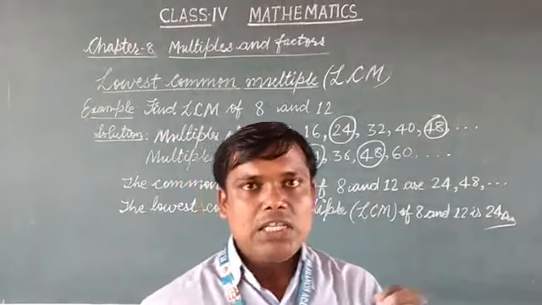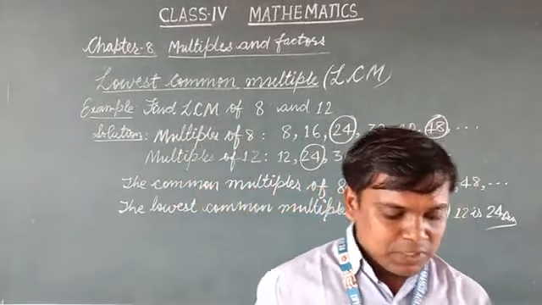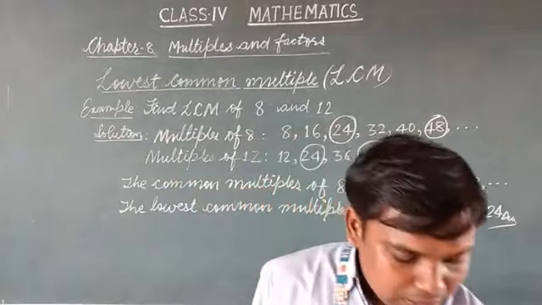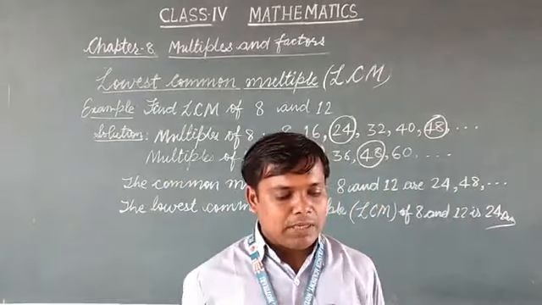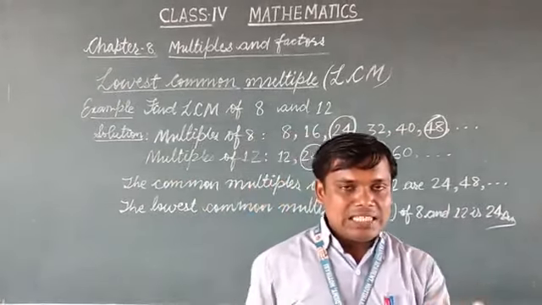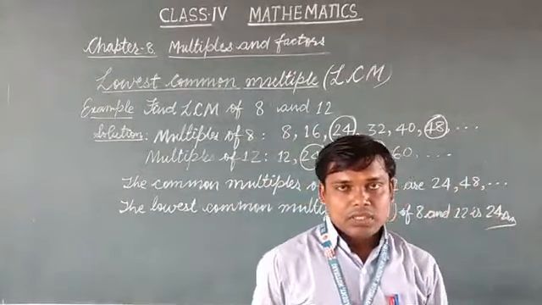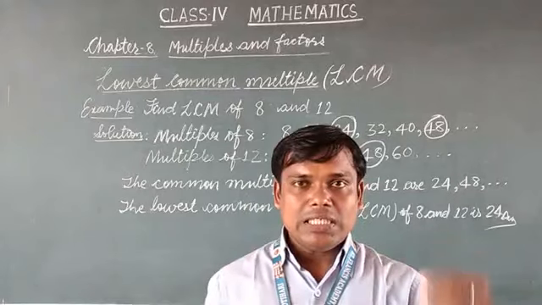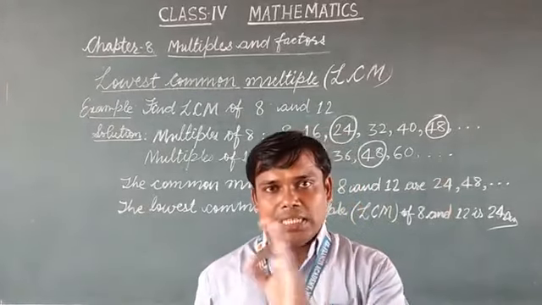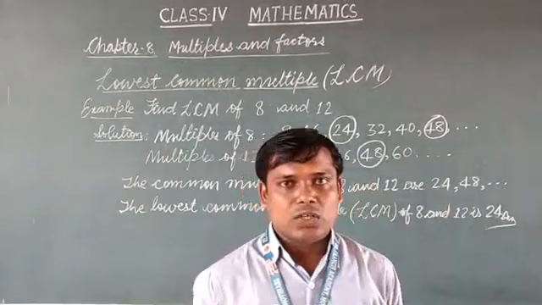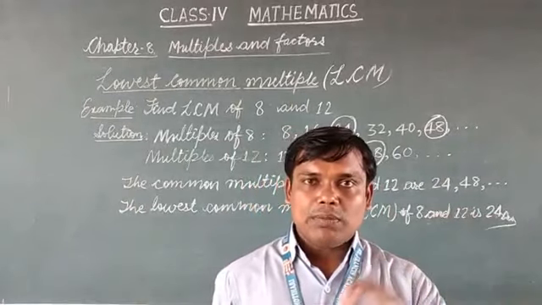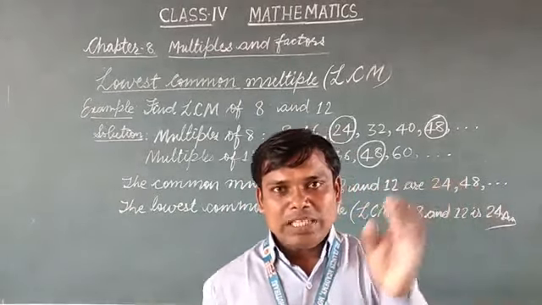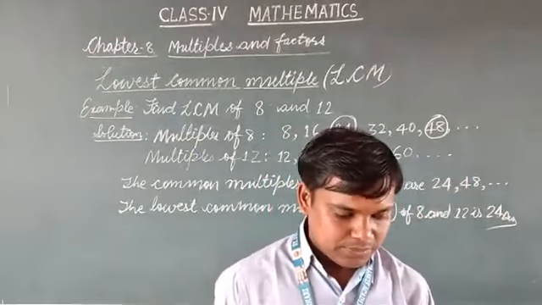Some properties of LCM we have to read, and these are: the LCM of two co-prime numbers is always their product. Because when we write the common multiples, we observe that their product will be the lowest common multiple.